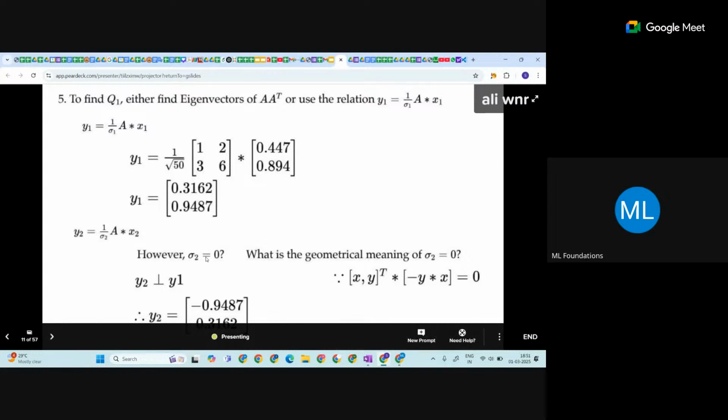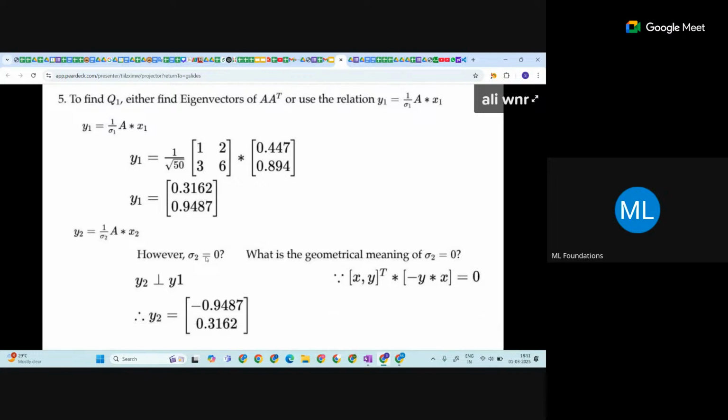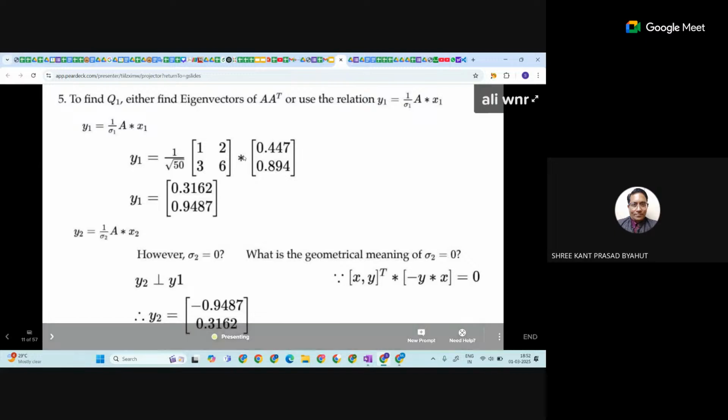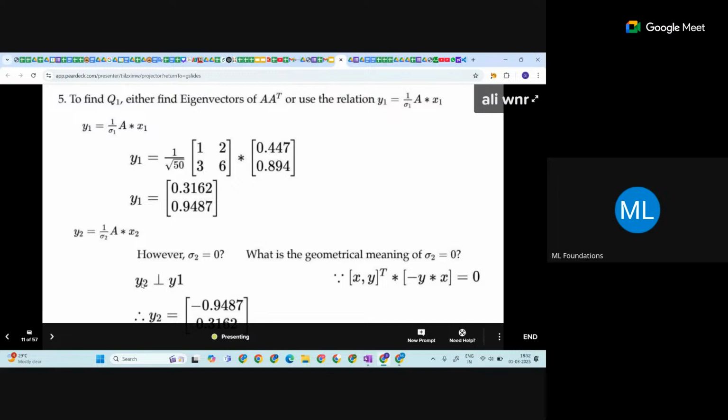So 0 is a big issue. Remember what I said last time: just find a vector which is orthonormal to the other vector. So y2 I am choosing to be orthonormal to y1.